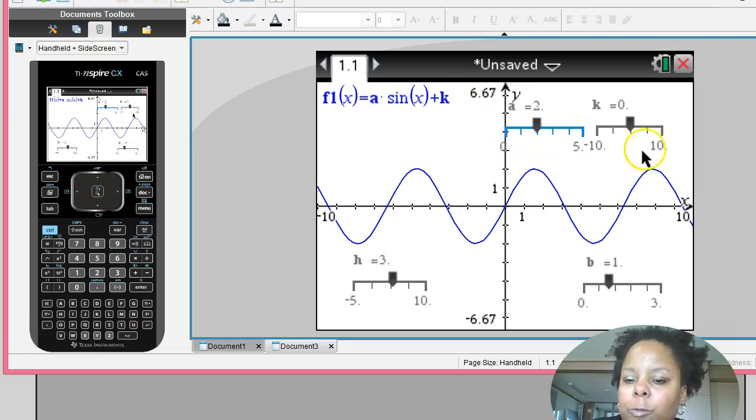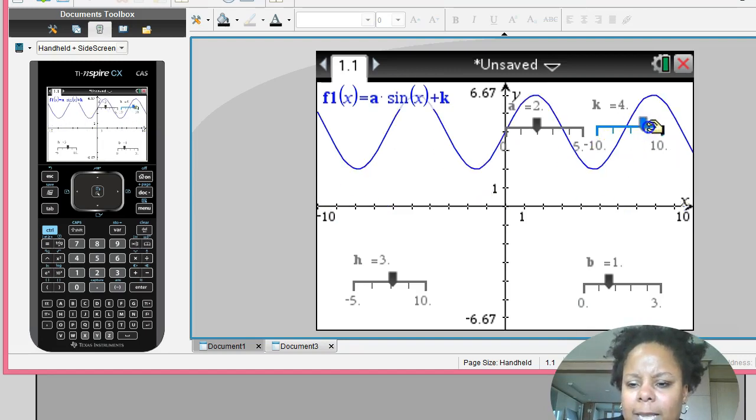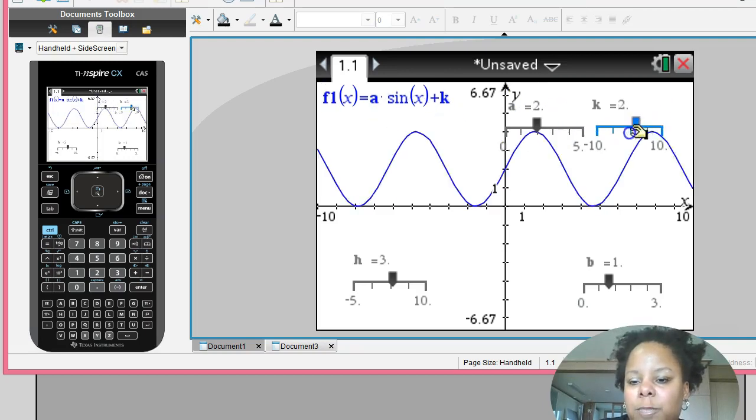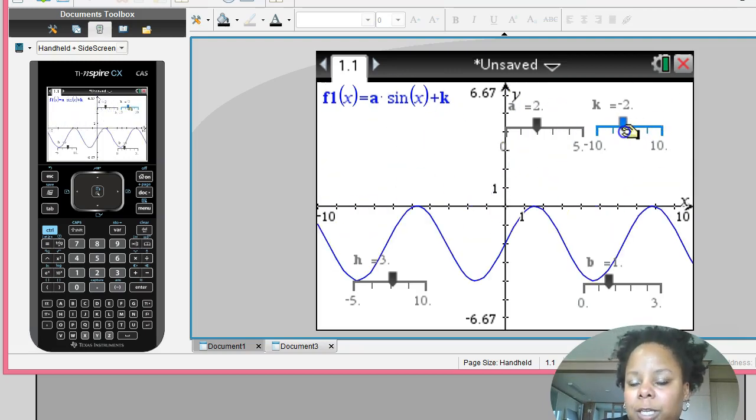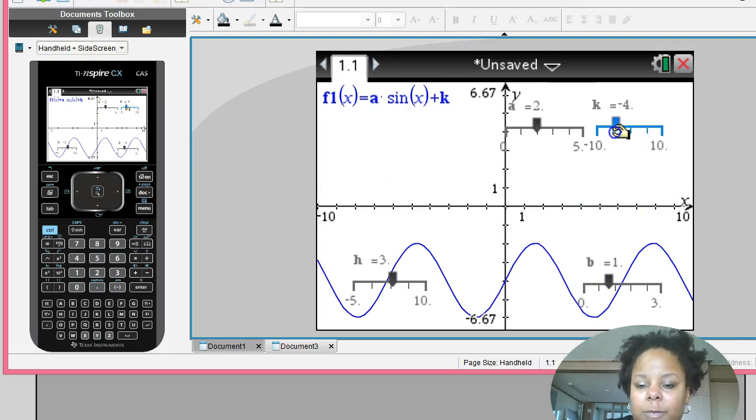Now let's see what happens when we change k. Right now k is 0, but if I increase it to 2, the graph is not changing its shape, it's just changing its position by being translated vertically up or down. Up if k is positive, down if k is negative or gets smaller.